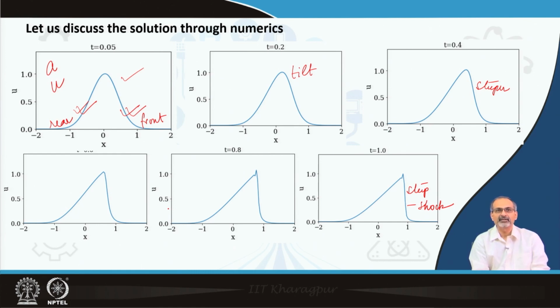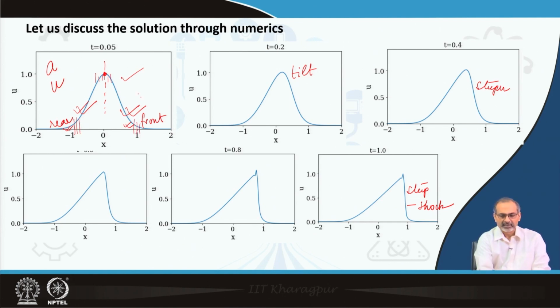Essentially what is happening over here is that u is from a very low value over here, goes to a large value here, and then again drops down to a low value over here, which means the characteristics at these locations are traveling much faster than the characteristics in these locations.